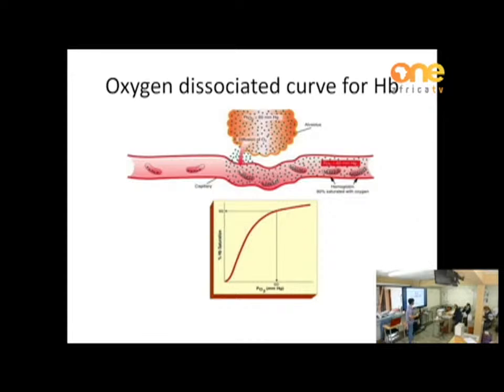But when I want to release it at the tissue, how is the pressure of oxygen in tissue cells? Low. Why is it low? Because the oxygen was used during respiration. Do you get that? Do you get that, Karos? In the tissue, I have very low oxygen because oxygen is used up. Oxygen is changed to carbon dioxide there. And therefore, when I have low pressure of oxygen, I have low saturation.